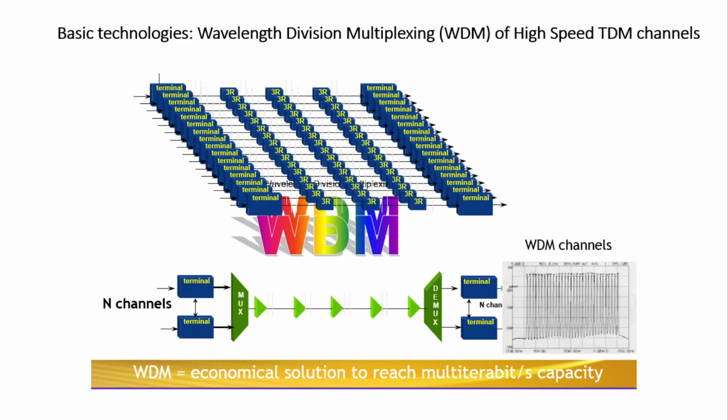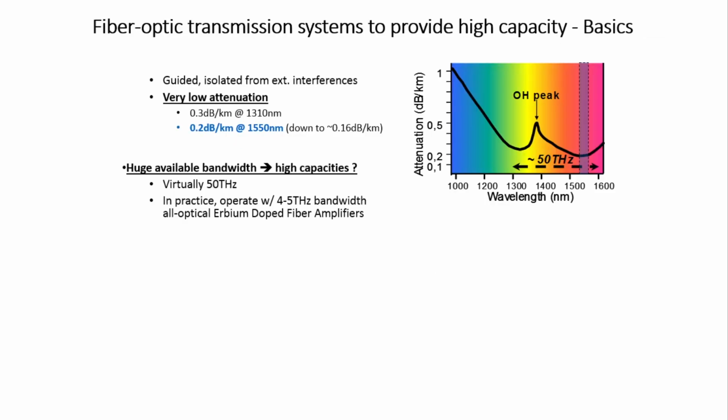An economical solution to reach multi-terabit capacity. A fiber optic transmission system to provide high capacity. Guided isolation from external interference. Very low attenuation: 0.3 dB per kilometer at 1310 nanometer, 0.2 dB per kilometer at 1550 nanometer, down to 0.16 dB per kilometer.